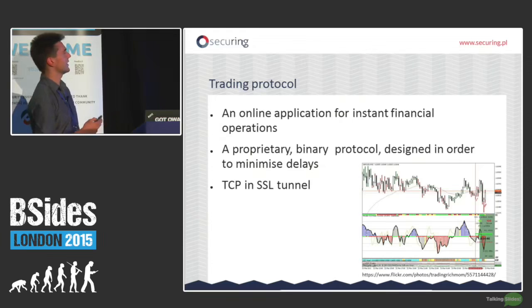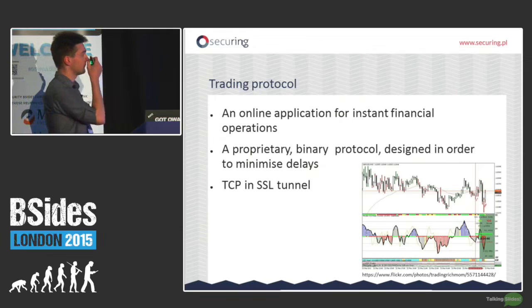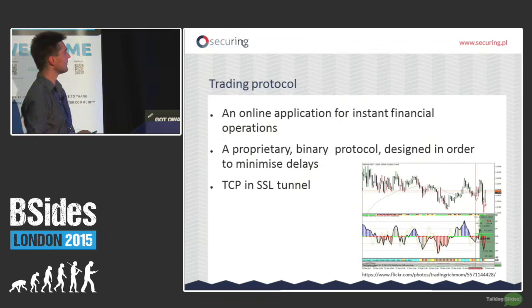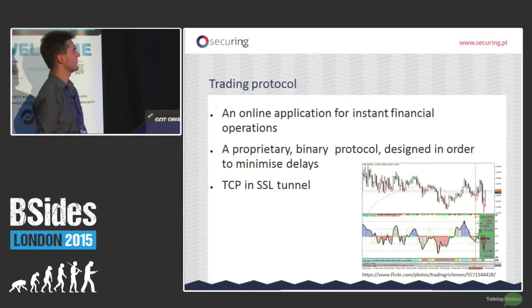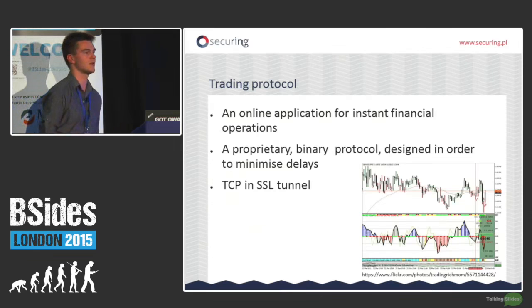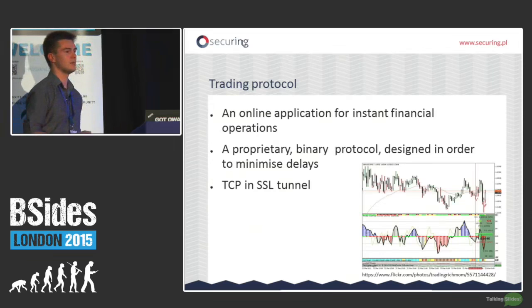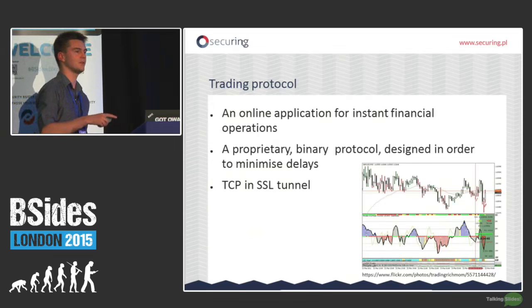It was an online application, but it communicated through a proprietary network protocol. It was binary to minimize delays. And it was actually TCP in an SSL tunnel, so we had to do a man-in-the-middle attack first. There was some pinning.